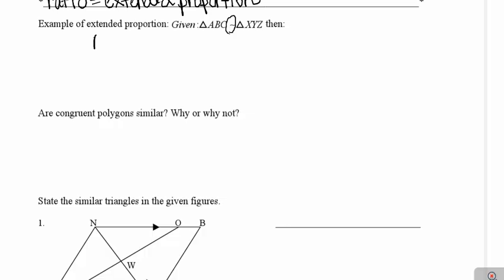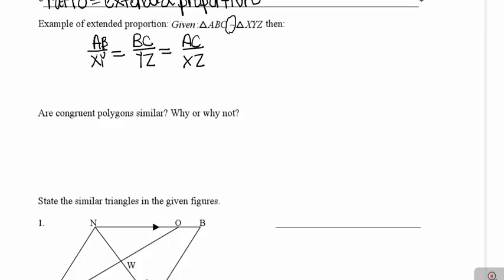So if we look at this, we know that AB and XY are corresponding sides, so we're going to put those in a ratio. AB over XY is equal to the ratio of BC over its corresponding side, which would be YZ, which is going to be equal to AC over XZ. This is the extended proportion that I'm talking about. So always start by setting up that ratio.